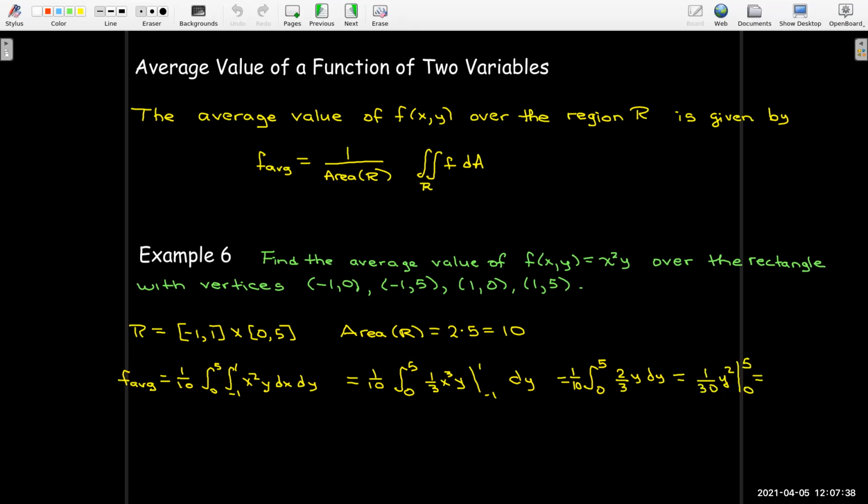That would give me 1/3 y squared, but I have to multiply times 1/10. That's how I get 1/30. Evaluate that between 0 and 5. That'll give me 25/30, which is simply 5/6.